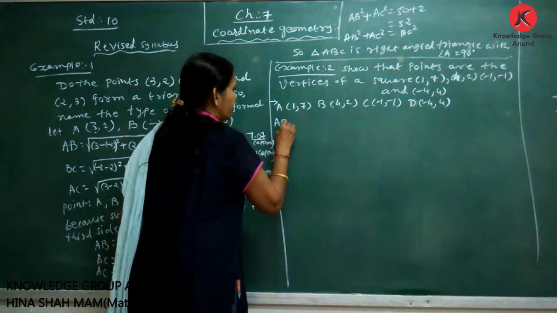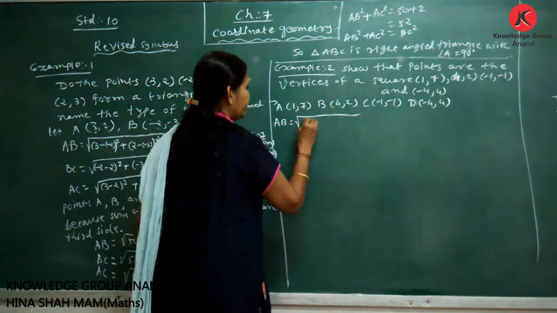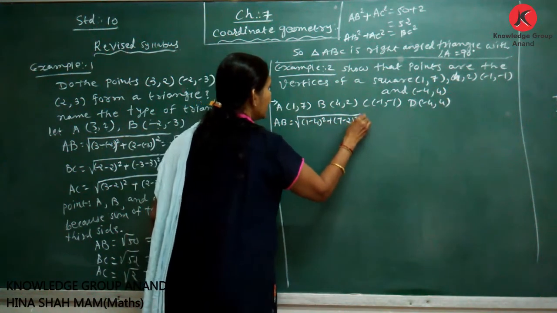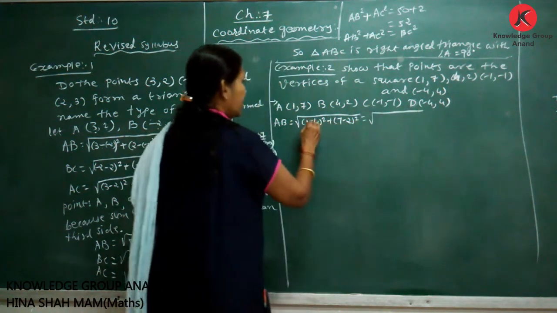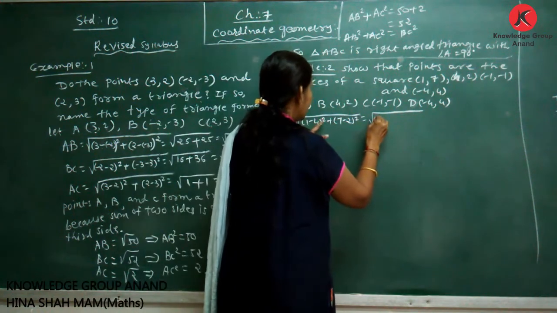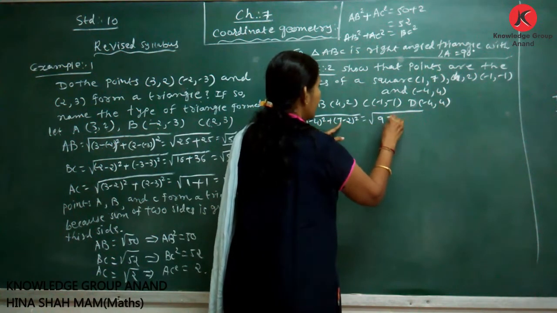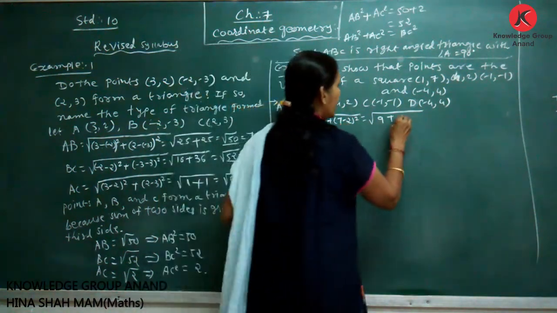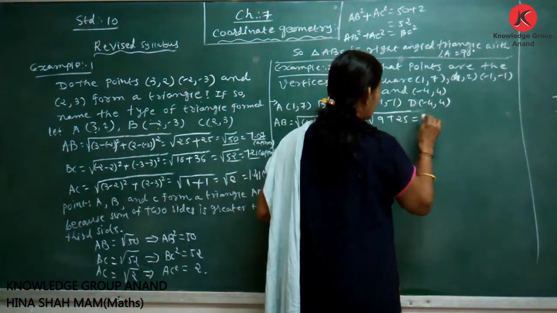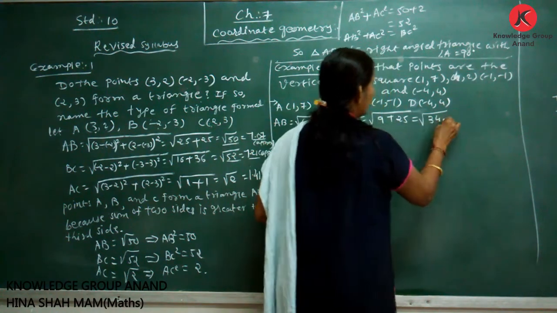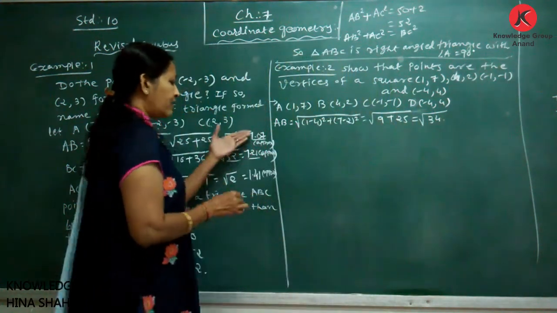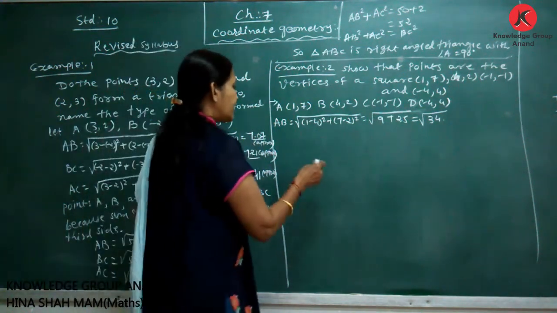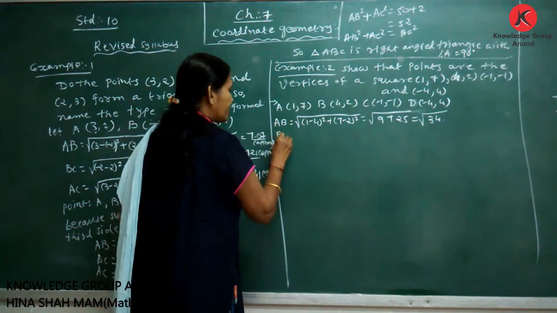AB is equal to the root of (1 minus 4) whole square plus (7 minus 2) whole square, which is (-3) square, 9, plus 5 square, 25, equal to root 34. It is not necessary to take the value of the square root.